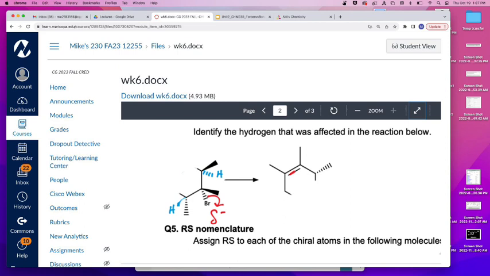Do I have electrons to make a pi bond if it's positive? No, so what do I have to find? Electrons from somewhere else. What other bond has to break? A bond to a hydrogen. That bond has 2 electrons in it. Where do I want those 2 electrons to go? To making a pi bond.